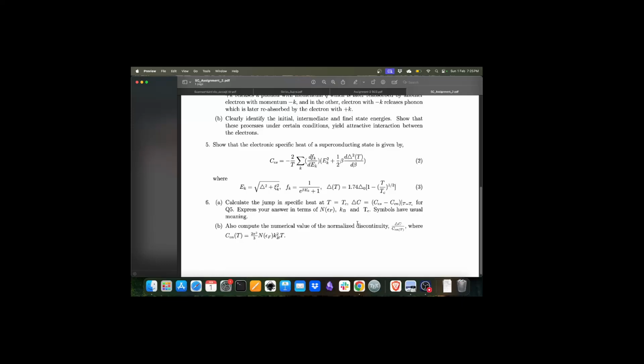So CES is the specific heat due to electrons. So electronic specific heat, E means electron and S is superconductor and N is normal. Okay, CEN is normal state. So at T equal to Tc, and then express your answer in terms of the number density of states at Fermi energy and then Boltzmann constant and Tc.